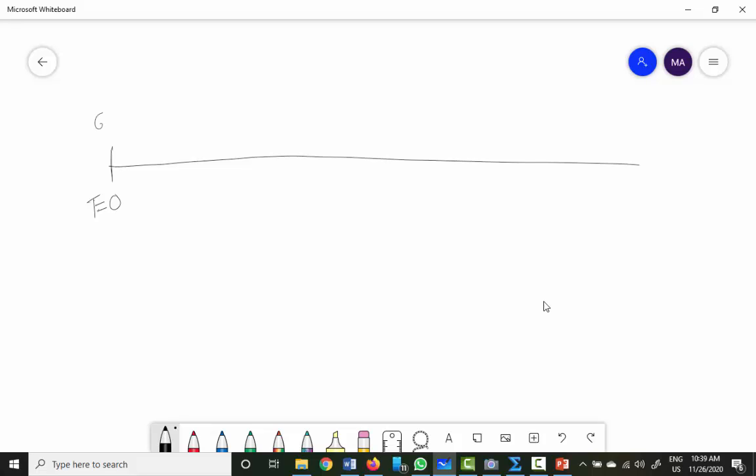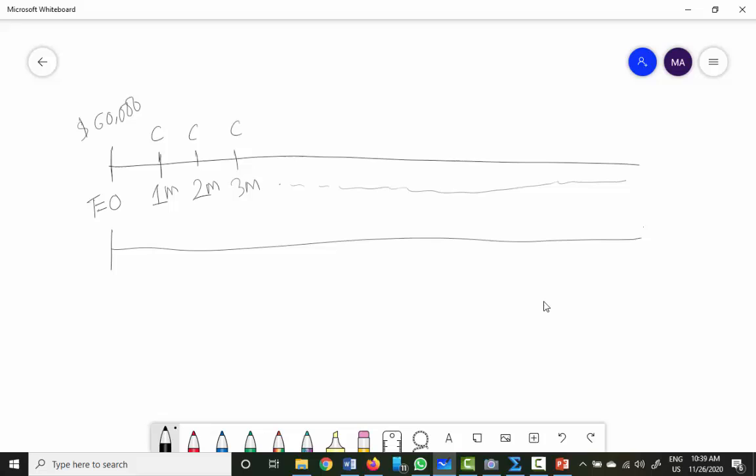Today you have borrowed $60,000, and you are going to pay off this loan by making equal monthly payments. At the end of 1 month you will make C amount of payment, at the end of 2 months C amount, at the end of 3 months C amount. These are the monthly installments.